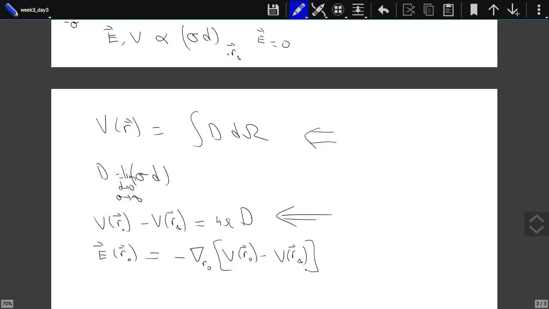So this is basically what you are saying, right? Electric field is minus the gradient. Well, R1 is just constant, so I can put it inside this gradient. It will just give me 0. I'm calculating the gradient with respect to R0. If I shift R0 slightly, the potential doesn't change, which tells me that the electric field is 0 because D is constant.